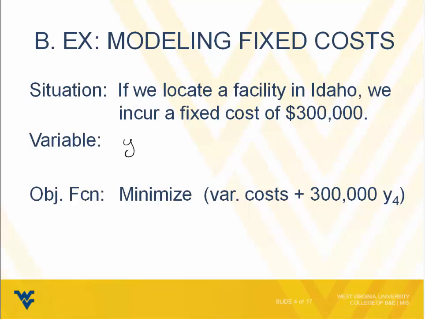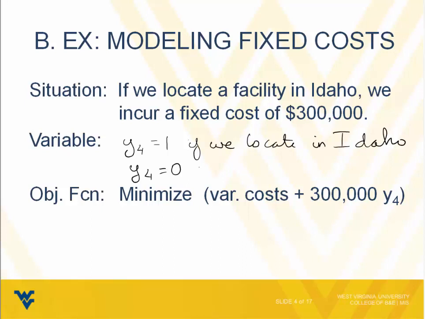So what we do is we define a decision variable, y4 is equal to 1 if we locate in Idaho, and y4 is equal to 0 otherwise. So this is just another way of structuring it.